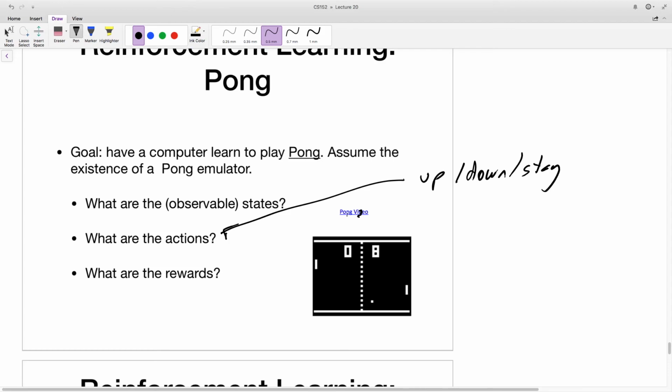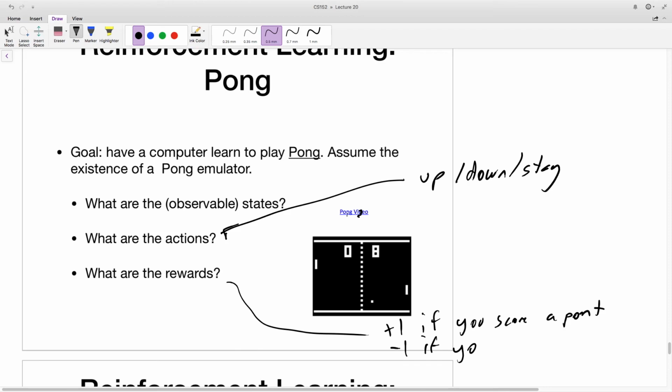Let's come back to the state. What are the rewards? So +1 if you score a point, and you're saying -1 if you lose a point?